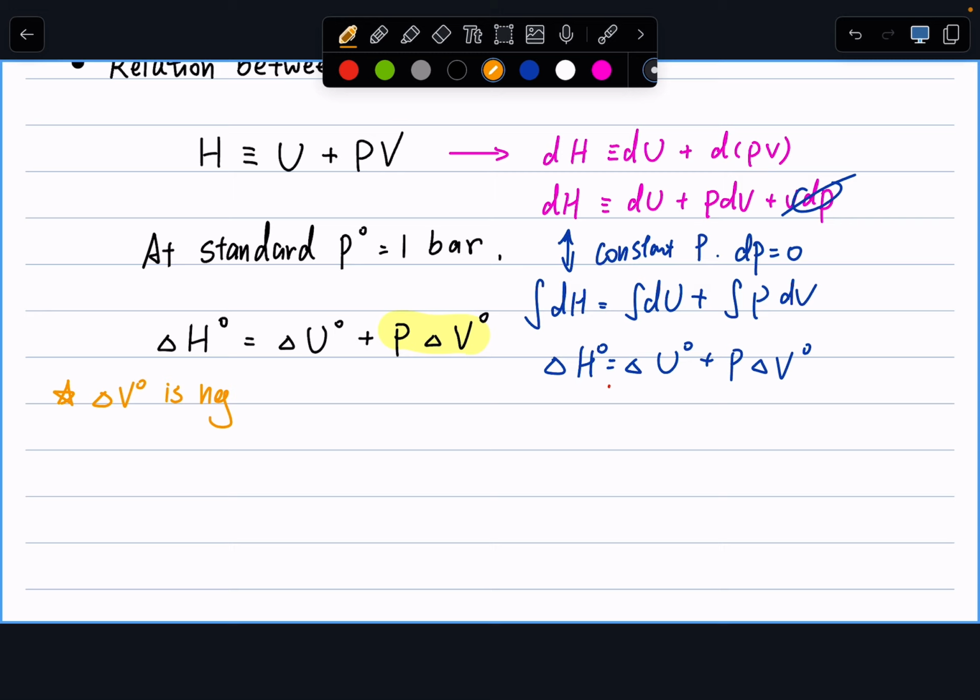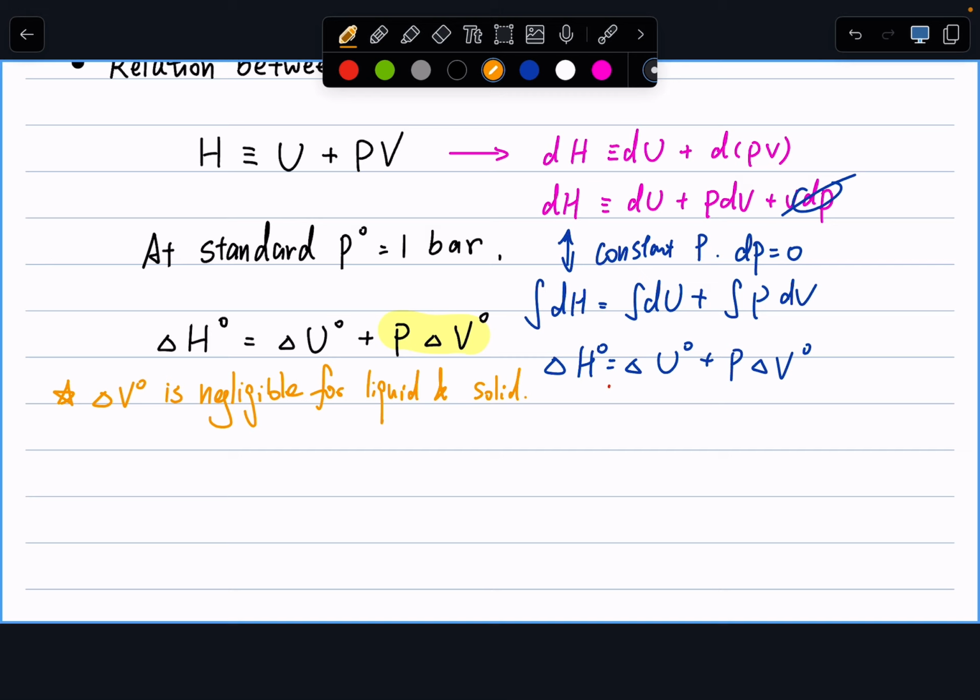So for anything that's not gas, the delta V naught is going to be negligible. This is quite straightforward to think about because, at constant pressure, changing your temperature changes the volume of liquid and solid, but that change is very, very small. Gas will be different, and we will talk about it.